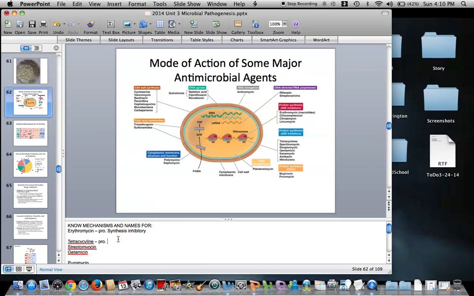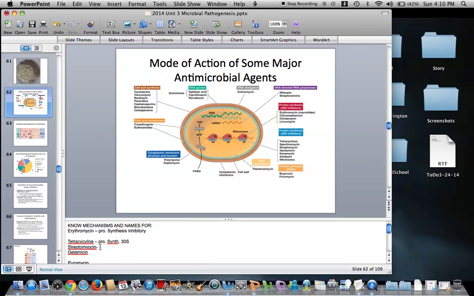Tetra protein synth inhibits protein synthesis on the 30S subunit. Tetra. I don't want 4 of that protein. I want none. Tetracycline.